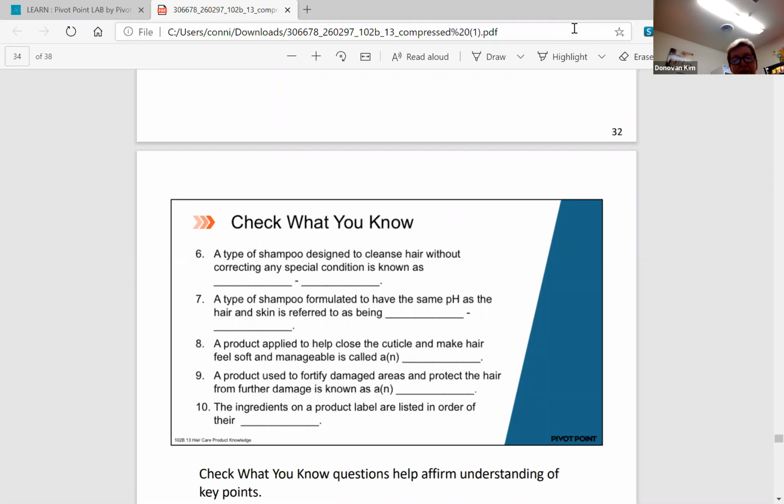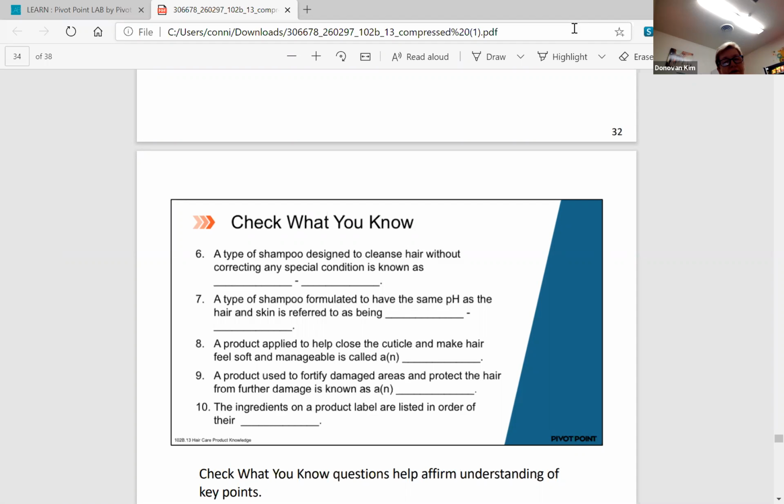All right, we'll try another one. A type of shampoo formulated to have the same pH as hair and skin is referred to as being, this one should be easy. What kind of shampoo did we tell you that one would be? It's got the same pH as hair and skin. What is our hair made out of? Is it an acid or an alkaline?